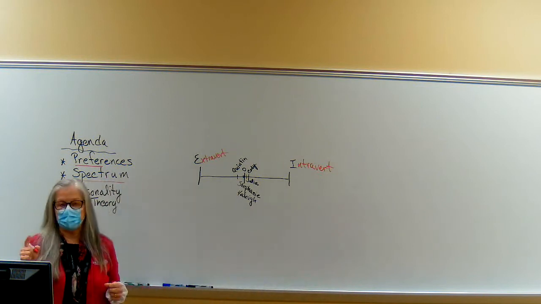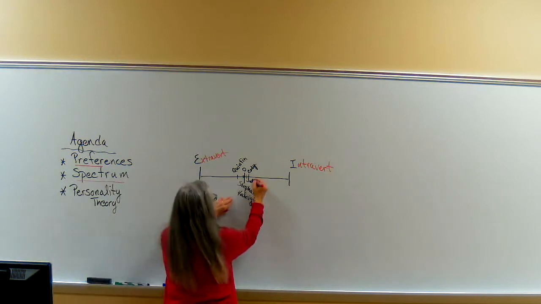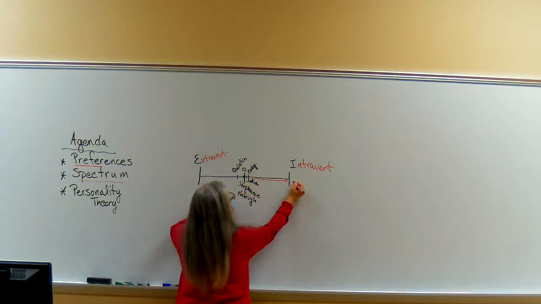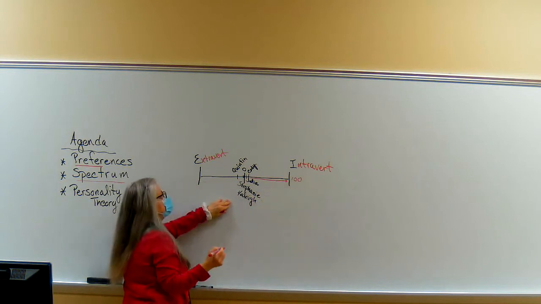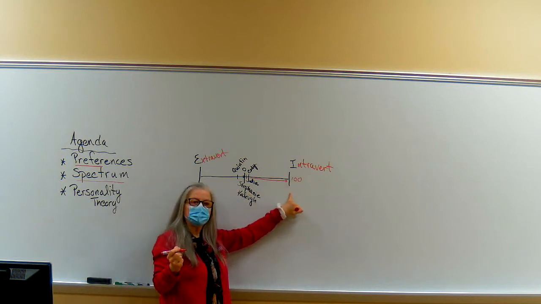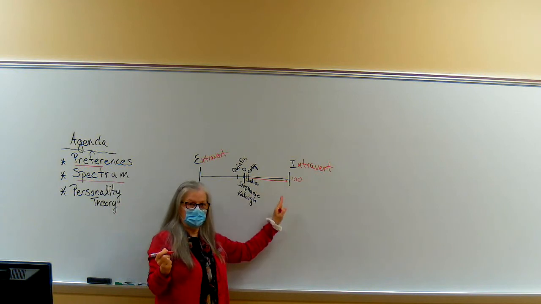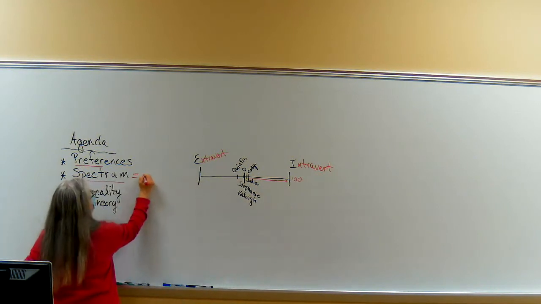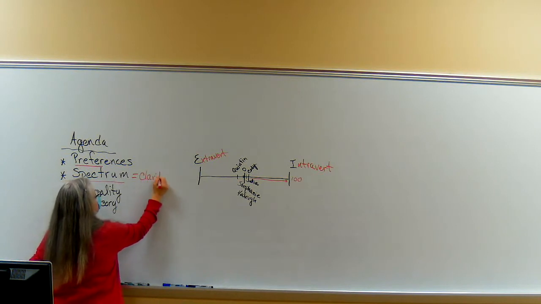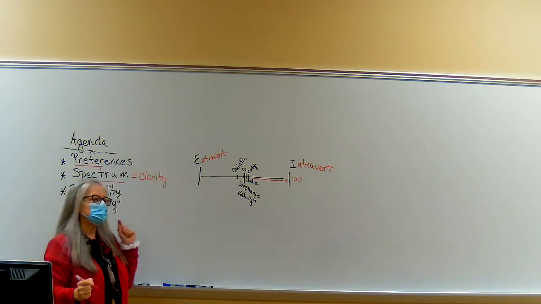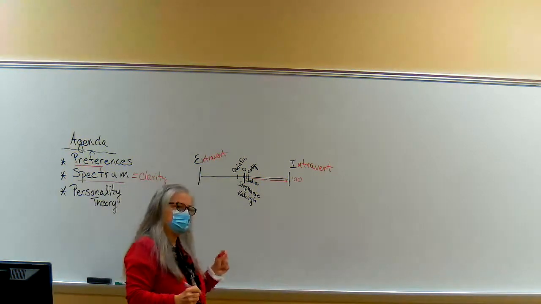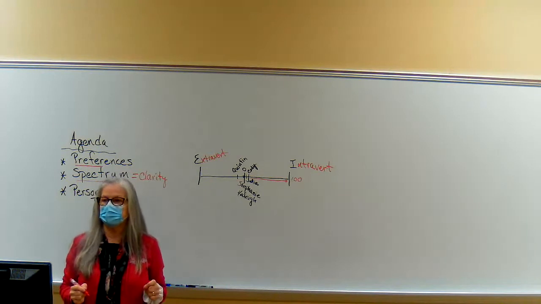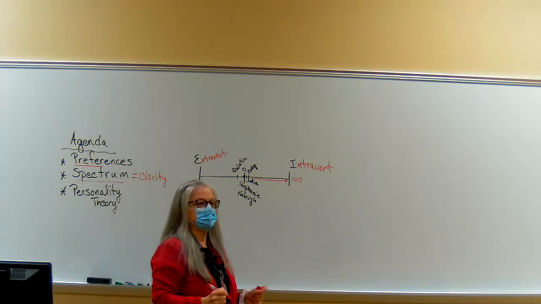The number that you have tells us, on the I spectrum going from 0 to 100, the number that you fall on tells us what degree of clarity, conscious awareness of what your preference is. Clarity. You're very clear. You know what you need and you know what you want. And you work to make sure that happens.